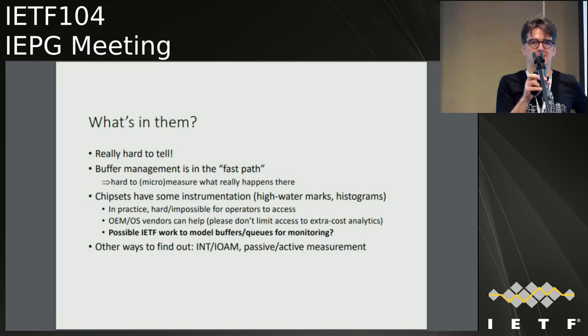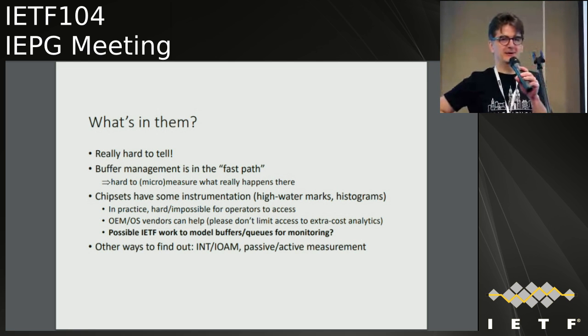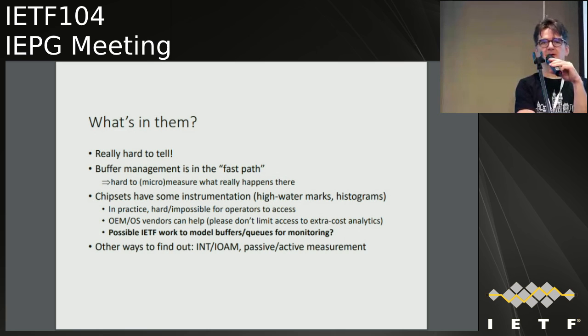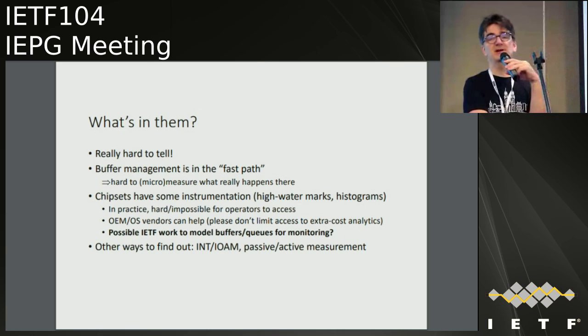So I'd like to know about the ISPs in the room, whether any one of you thinks you have a good idea of how your buffers are used. I mean, it's not just for ISPs, also for cloud service providers or CDN operators or exchange point operators.